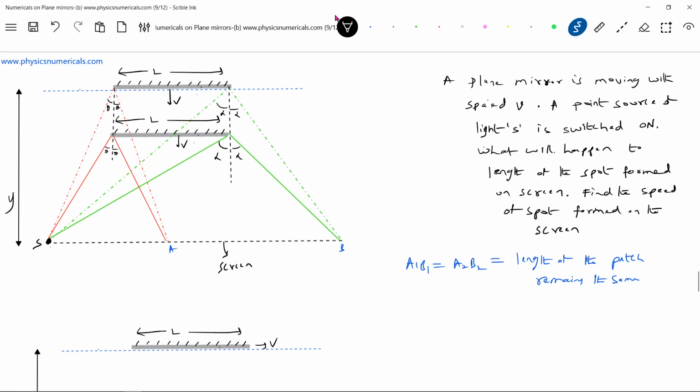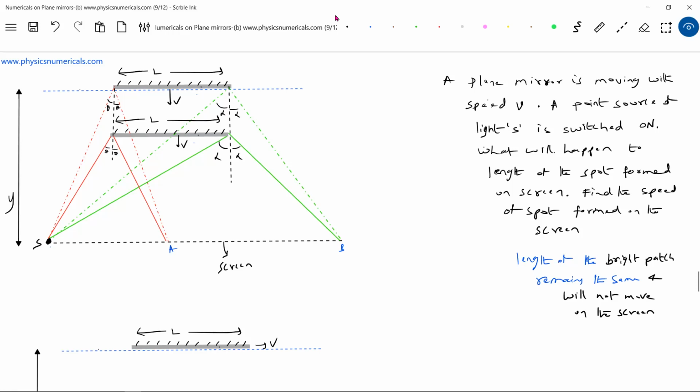What happened to the length of the spot, the length of the bright patch? The length of the bright patch remains the same and will not move on the screen. I think it's about the diagram.